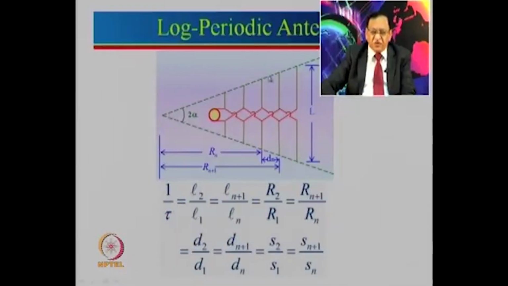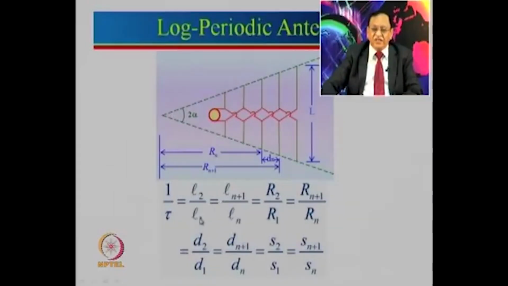This is also known as the angular variation of these dipole lengths, and even the diameters and spacings, all these things should vary in a logarithmic manner. But you might ask where the log is here. Actually the log comes into the picture if we take the log of both sides. So log 1, which is 0, minus log tau is equal to log L2 minus log L1.